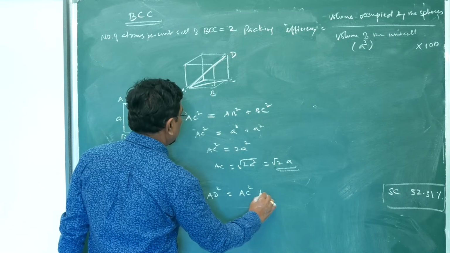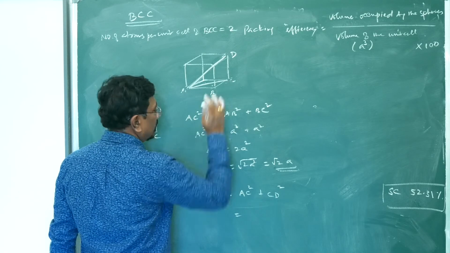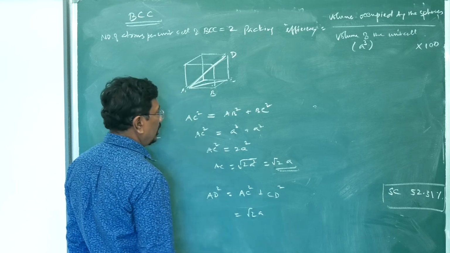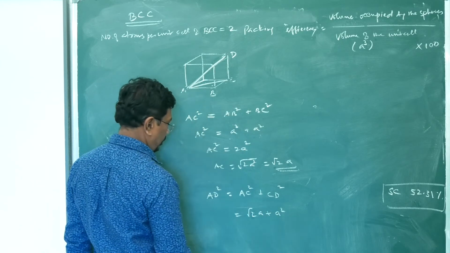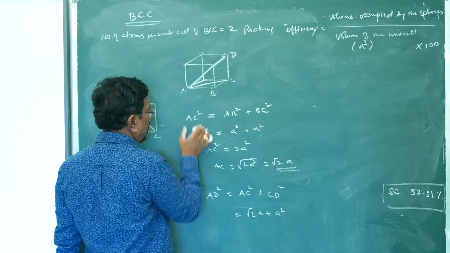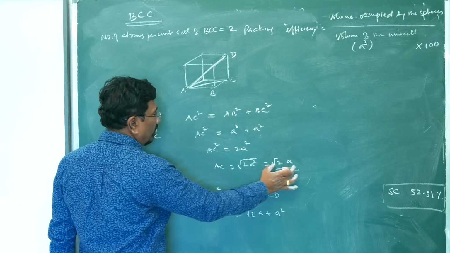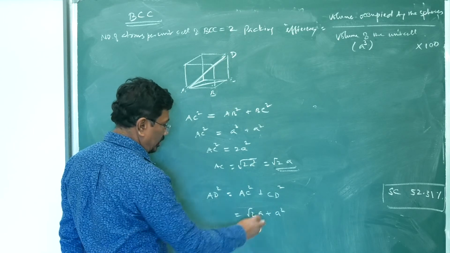AC we have calculated just now, root 2A. CD is A, the edge length, so CD square is A square.